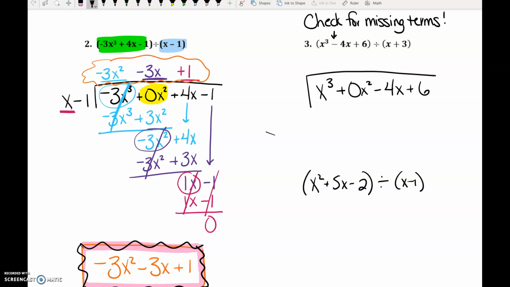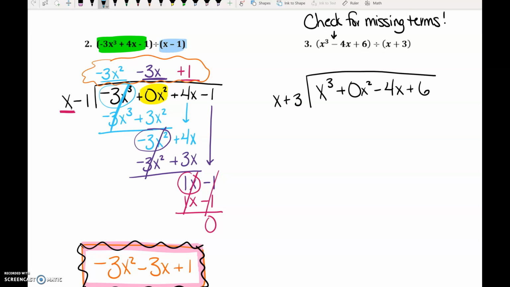It's only when you are missing terms in the middle. So because we started with x cubed, we need to have x cubed and x squared and x and a number. If we start with x squared, then we would just need x squared and x and a number. So look at what you're starting with and see if there's any missing terms in between our first term and our last term. We are dividing by x plus 3.